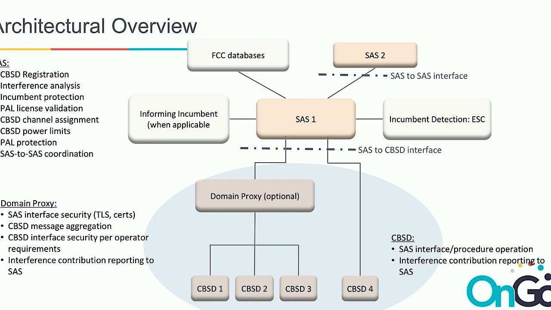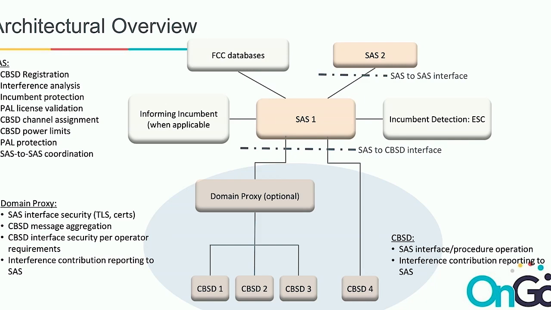Then we have the SAS to SAS interfaces, so the SASs on the back end have to sync up. If I'm integrating with any one of the SASs as an enterprise, I'm not integrating with all 5 of them. If I get a grant for a specific frequency or channel at a specific location, all the other SASs and all the other enterprises that are deploying have to know about that to compute the models correctly.